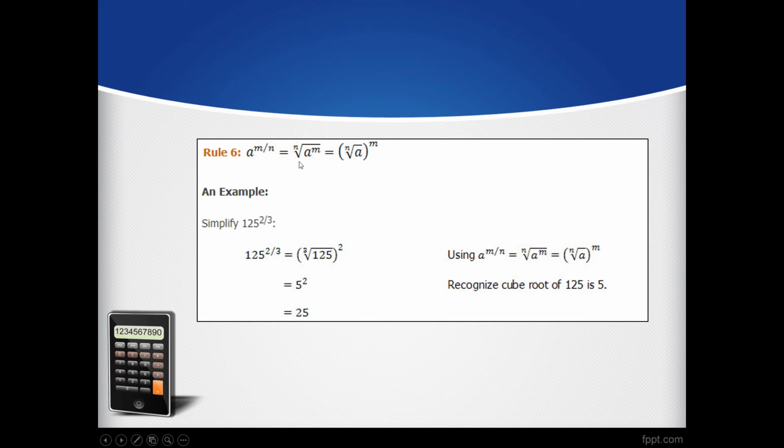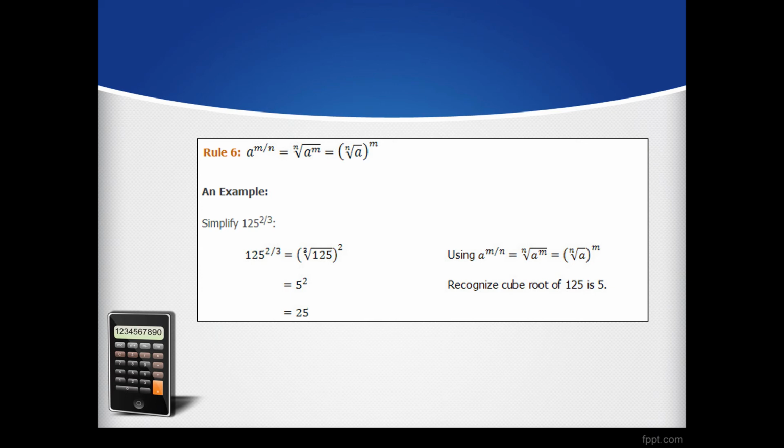And the third root of your base, which is 125, that's your a. And then your m is 2. So what is the third root of 125? That is 5. And then squared, 5 squared is 25.